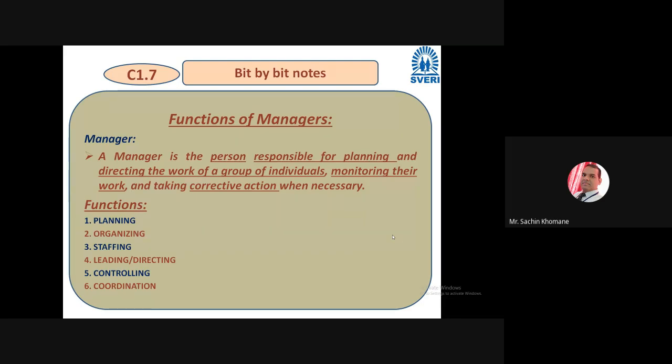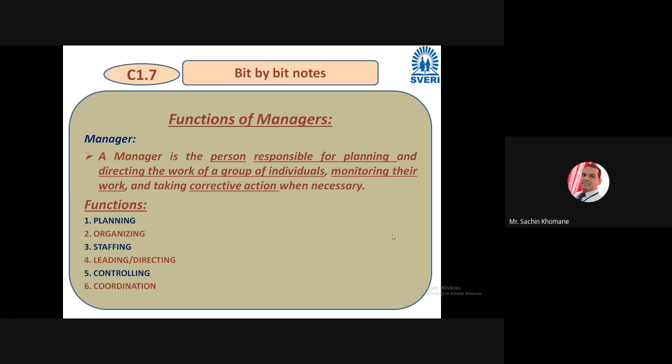Remember, without proper management, you cannot see any successful organization. Organizations that do not have proper management are not becoming successful. So if you want to become a successful employee of a successful organization, management should be good, and you should know the functions, right?